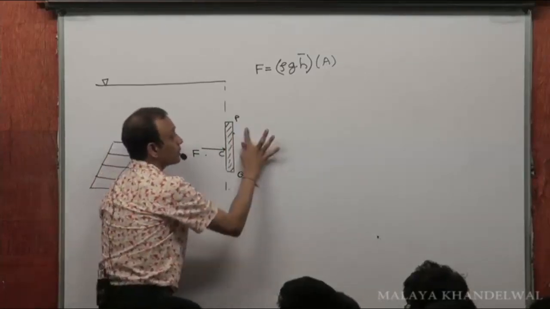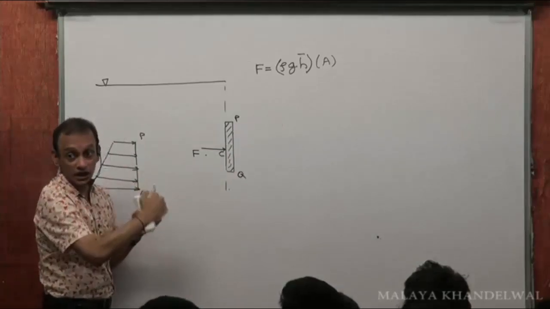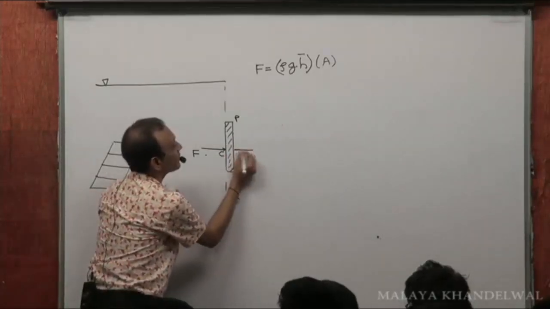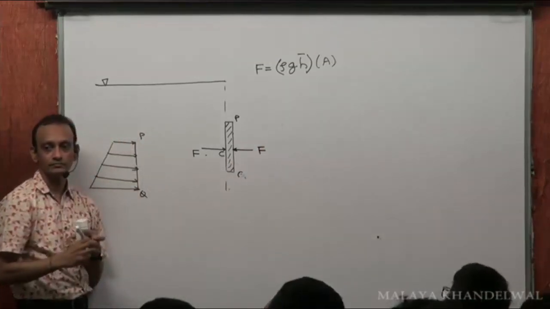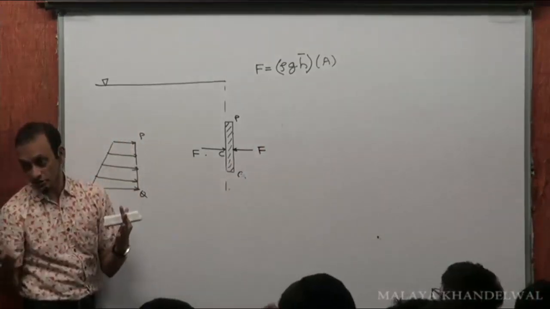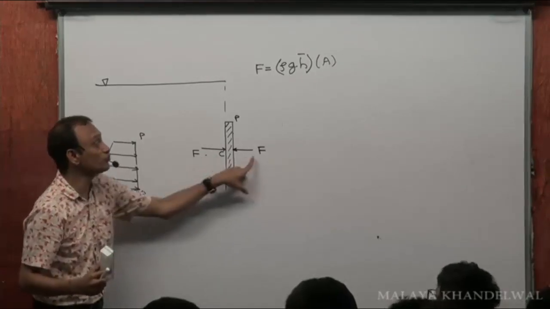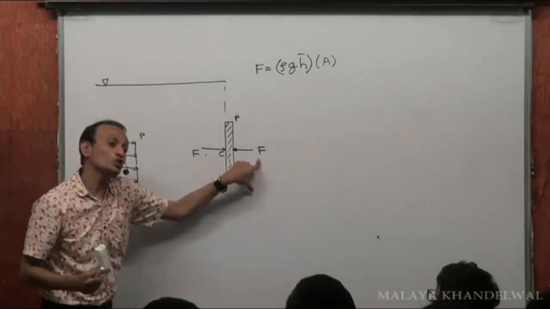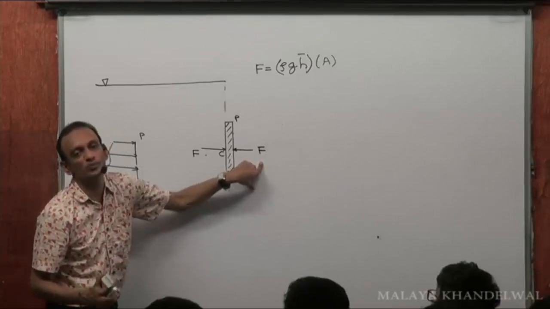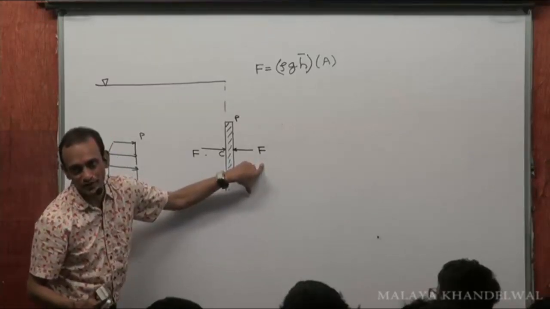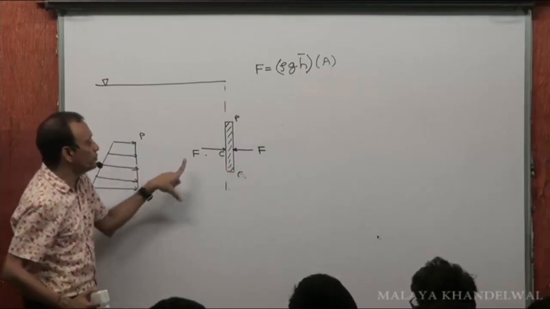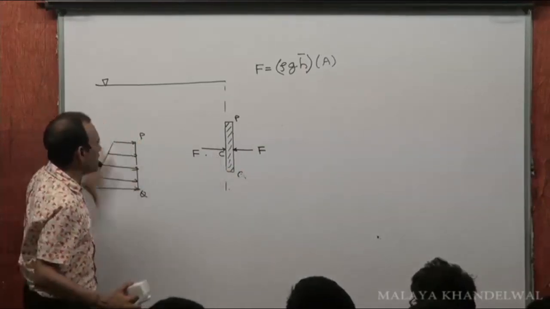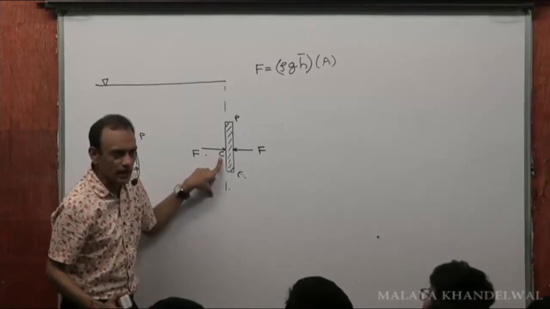Then I can apply my externally applied force F at the same point, in the opposite direction. These two forces will not only produce translational equilibrium, but also rotational equilibrium. Yes or no? Right?